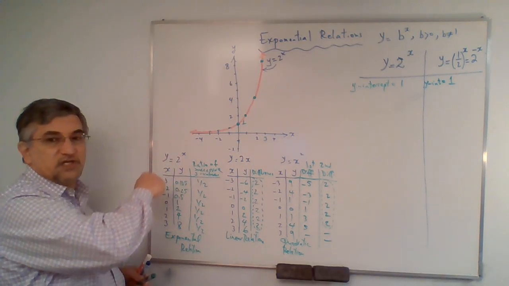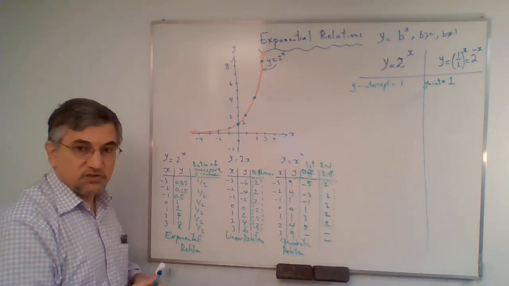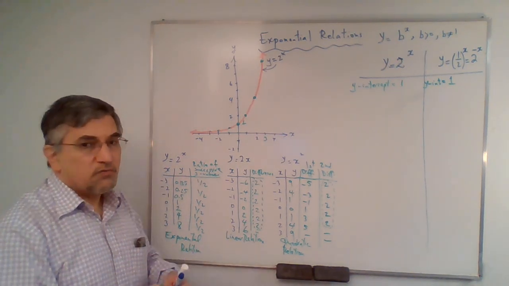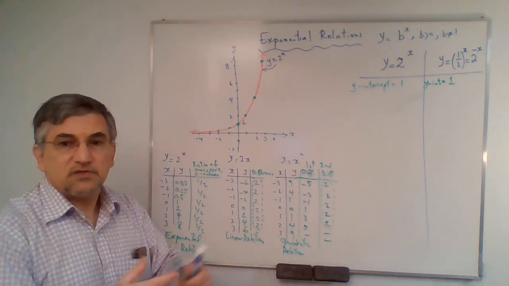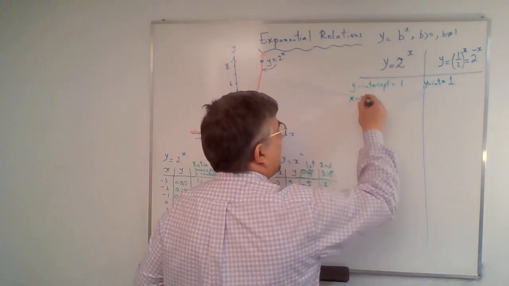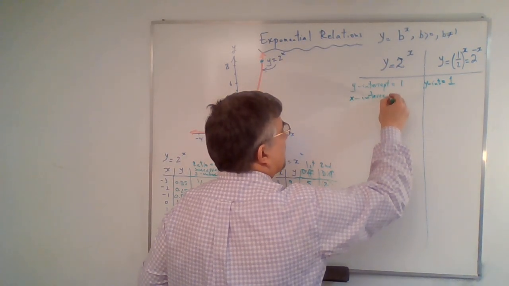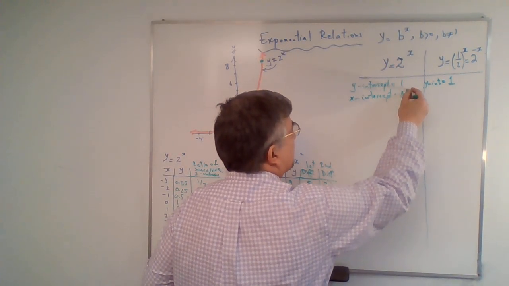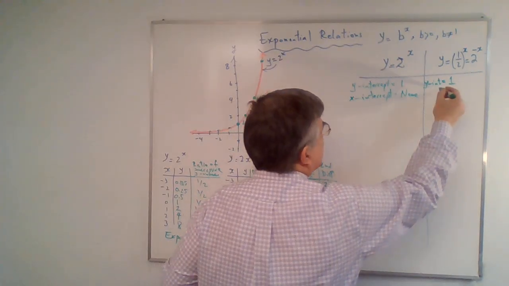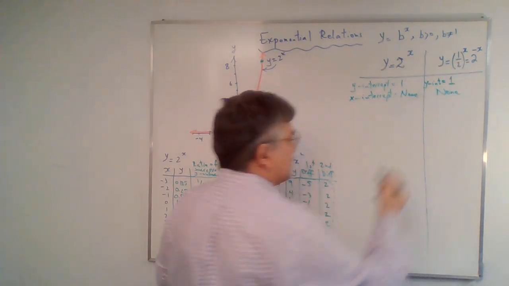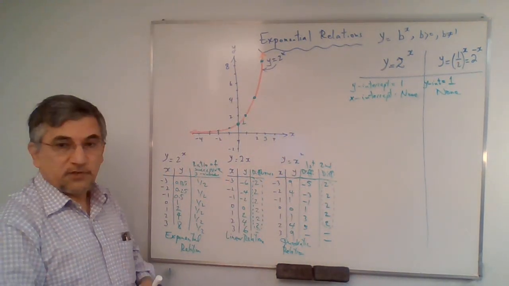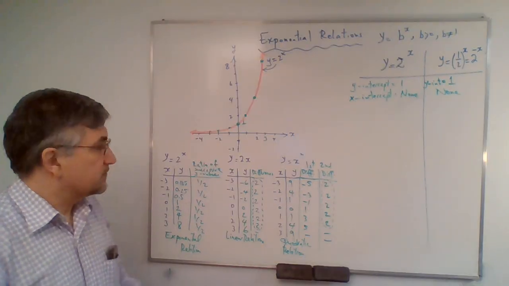So it doesn't touch the x-axis. The curve does not touch the x-axis. As a result, we don't have any x-intercept. x-intercept, I would say none. There is no x-intercept. Same thing for the other exponential relation whose base is 1/2.